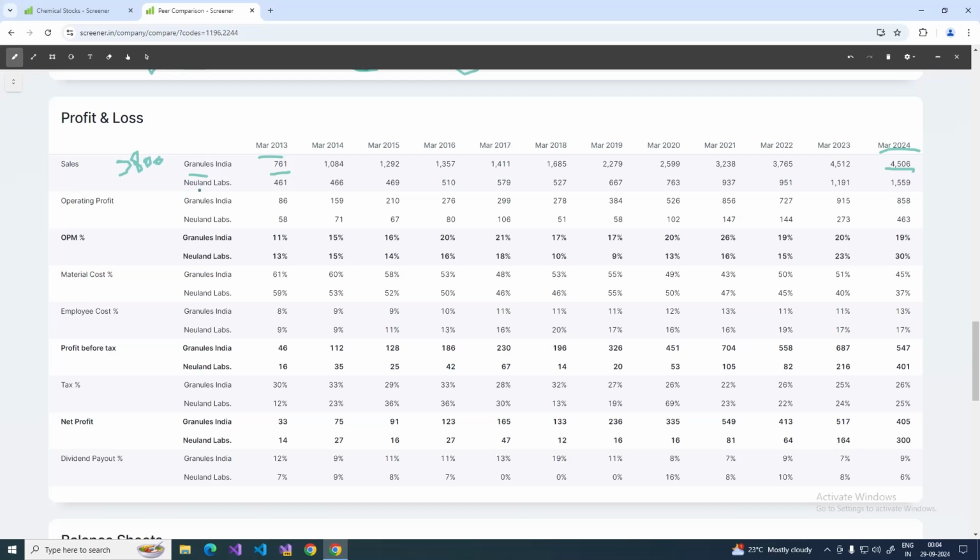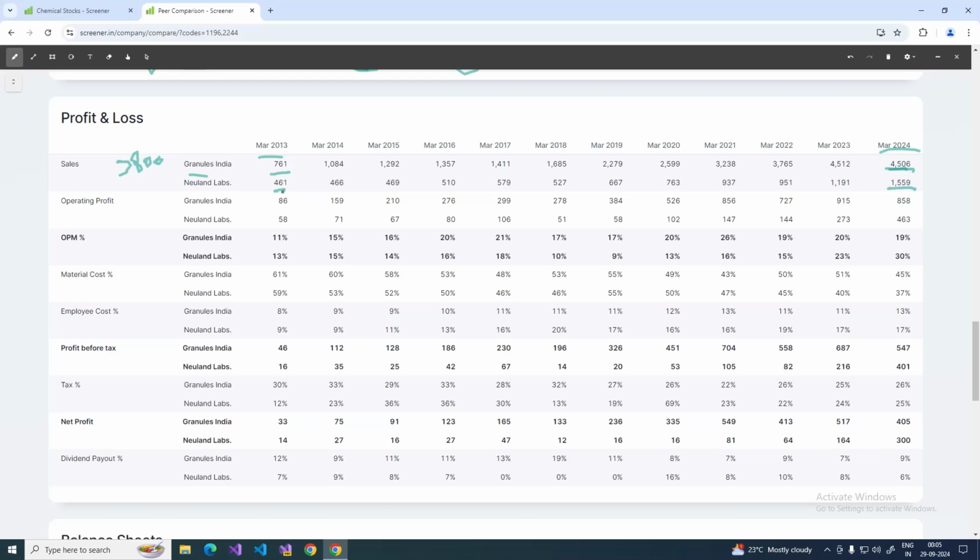For Neuland Laboratories, 461 crores to 1,559 crores. So here Granules India sales increased from 761 crores in 2013 to 4,506 in 2024. Neuland's is 461 crores to 1,559.